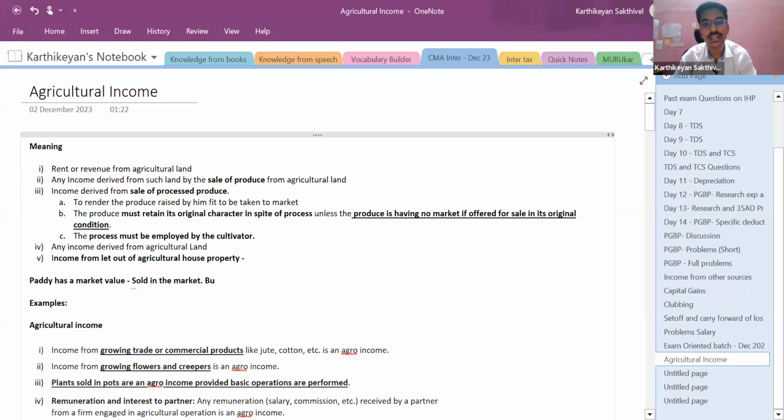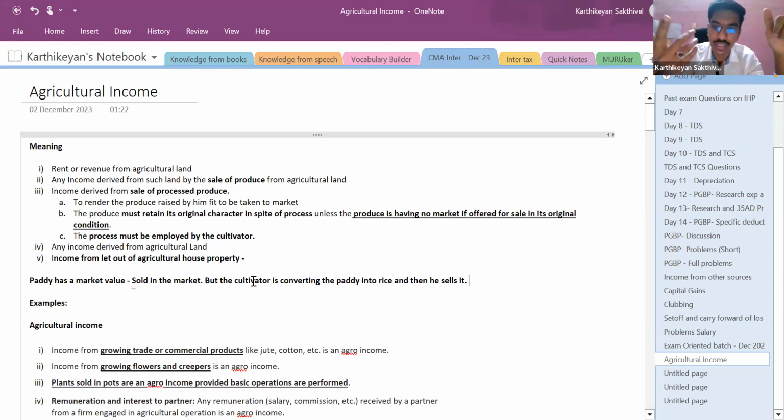But the cultivator is converting the paddy into rice and then he sells it. So the cultivator has cultivated paddy, and from that he is converting it into rice and then selling it. But paddy itself has a market value.